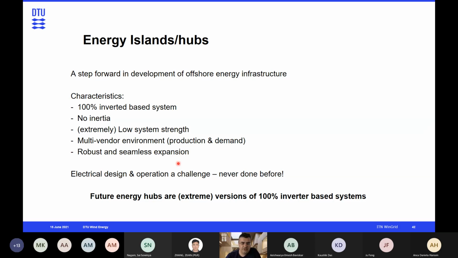So the energy islands are exciting both from an offshore grid development perspective, but also from the lessons that we can learn from them, looking into the future and this fantastic transition that we see in our power and energy systems.